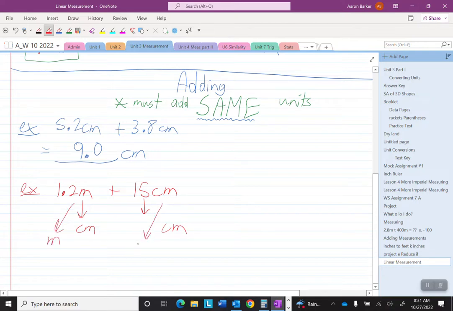Doesn't matter. So you choose which one you want to convert. I'm going to choose Malik. Which one do you want to convert to, centimeters or meters? Meters.